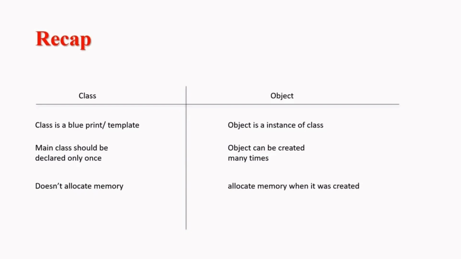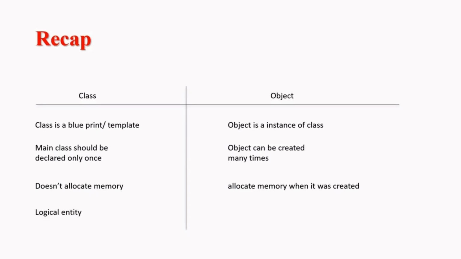If you want to create an object, you have to assign a variable. When you assign the variable, all the methods and functions written in the class will be stored in that variable, right? Then only you can call those methods and functions by using this variable. So you are assigning a variable here. That's why it allocates some memory when the object is created.